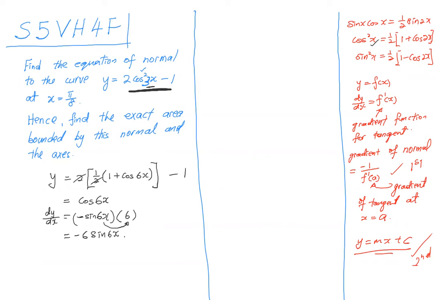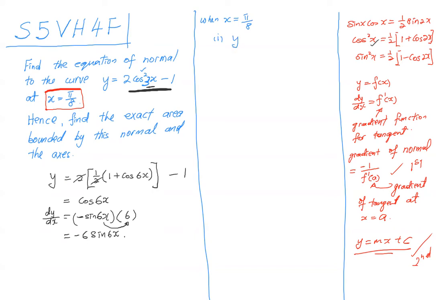Okay, so now what I want to do, I want to find the equation of normal at where? At this part. So I have to do this step. I have to say when x equals pi by 8, I want to know what my y coordinate is first.